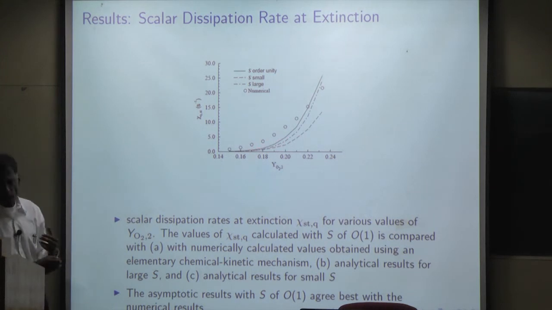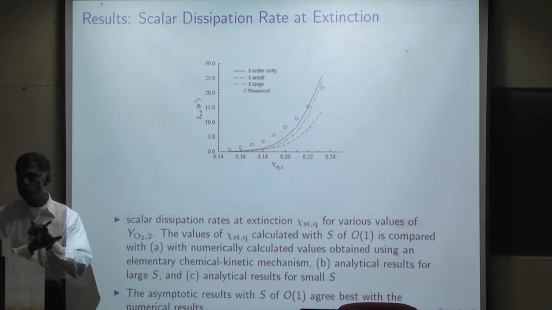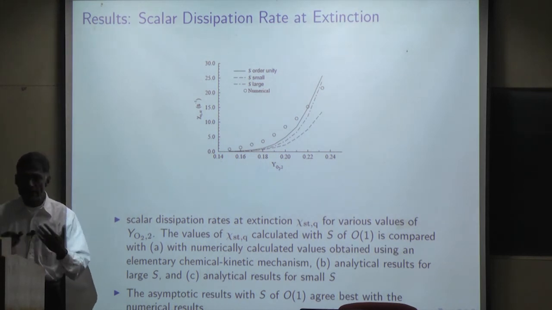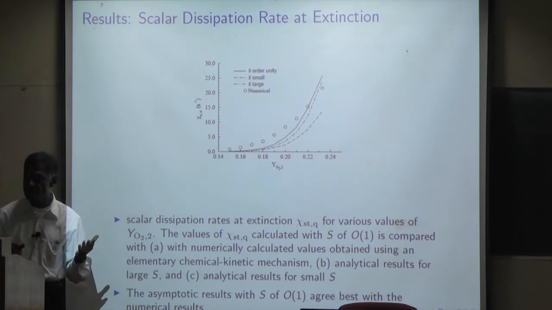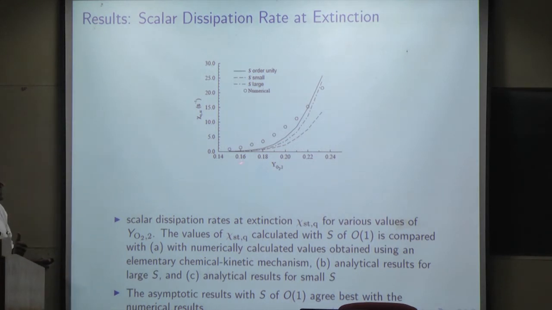So basically asymptotics captures the numerical calculation fairly accurately. The important point here is that there are no adjustable parameters. All the rate coefficients that we have used are elementary rates. Nothing has been adjusted. So we are able to reproduce the flame structure and the critical conditions of extinction.